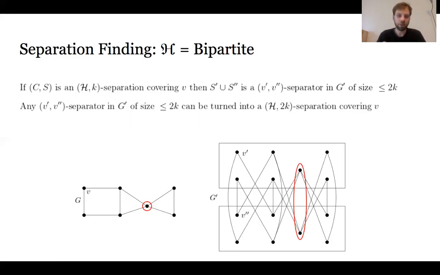And for bipartite graphs, this procedure works in polynomial time. But for other graph classes, we present FPT algorithms based on some branching rules using important separators and some other properties such as the Erdős-Pósa property.